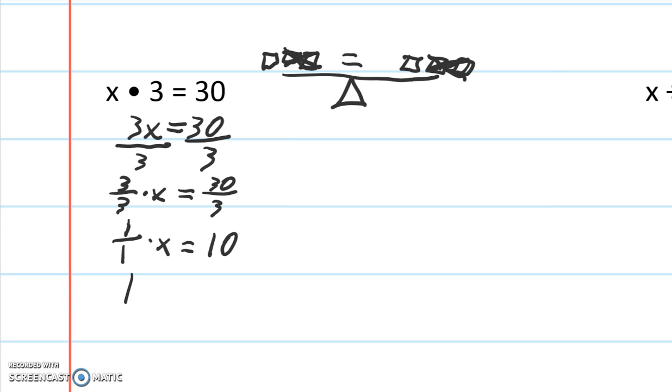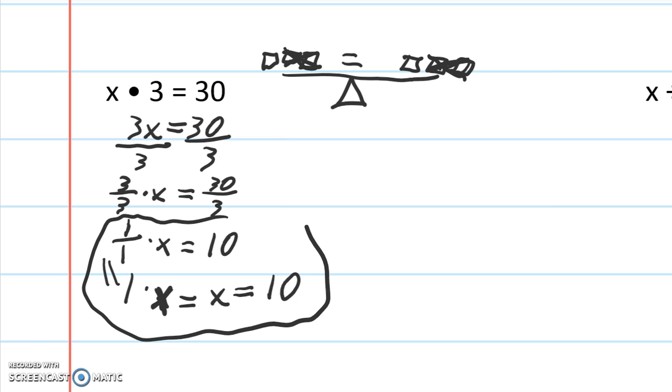And 1 over 1 is the same thing as writing 1 times x. And we know that 1 times anything is still the same thing as before. So 1 times x equals x, and x equals 10. So all of these here are all equal to each other. This whole group.